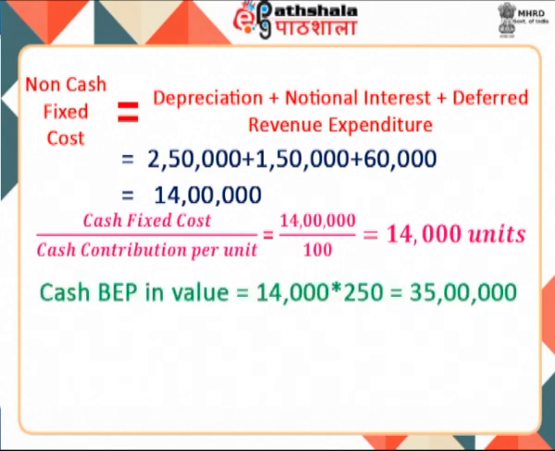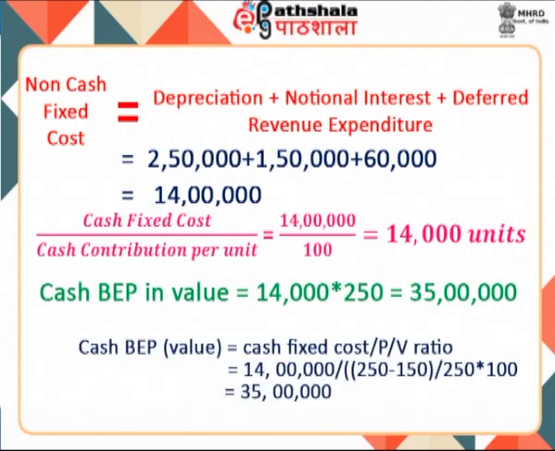Cash break-even point in rupees is equal to 14,000 units multiplied by rupees 250, which is the selling price, and it comes out to be rupees 35 lakhs. We can also work out the cash break-even point in value by dividing cash fixed cost by PV ratio as shown here.